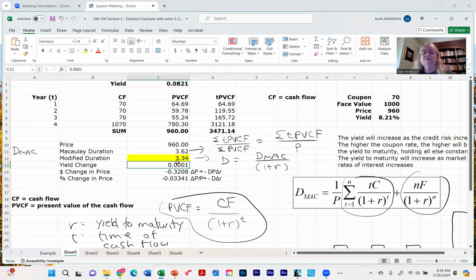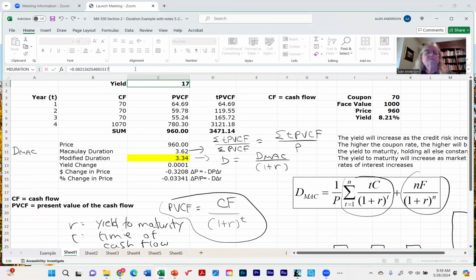So what I did here was this. The price is currently 960. If I change this, if I add 1%, well, actually, here's what I'm going to do even better.